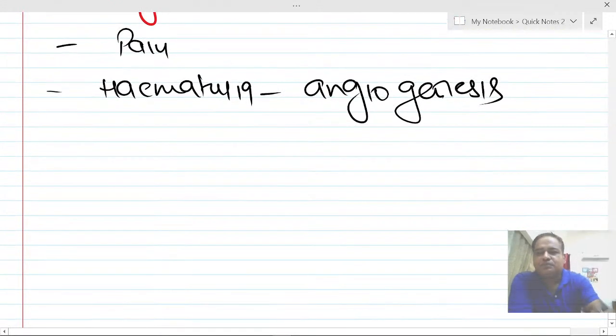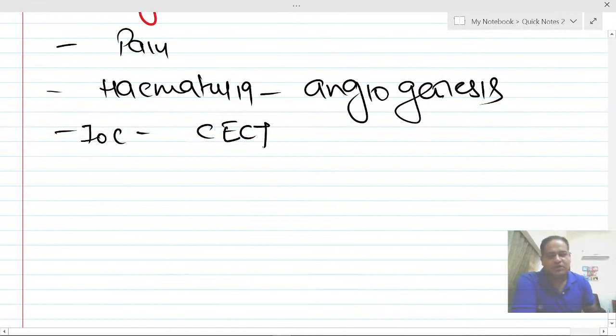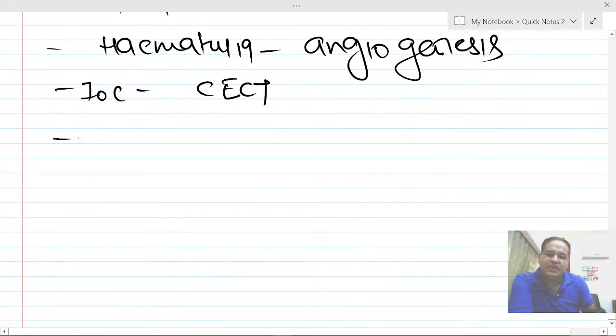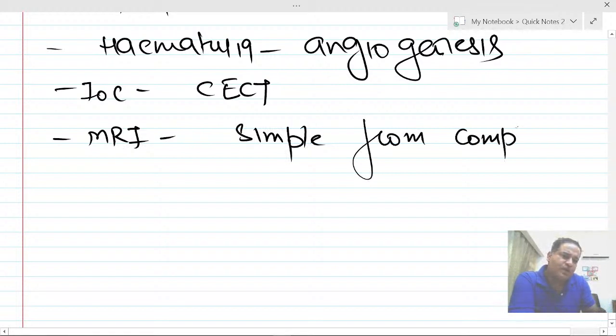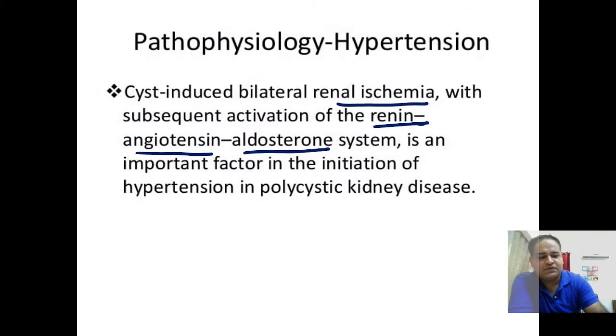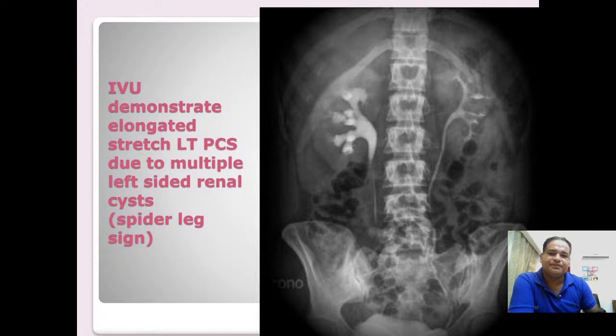Fine. Now, the investigation of choice here is contrast CT. Sometimes MRI can be used. It can be used to distinguish a simple cyst from a complex cyst. Right.